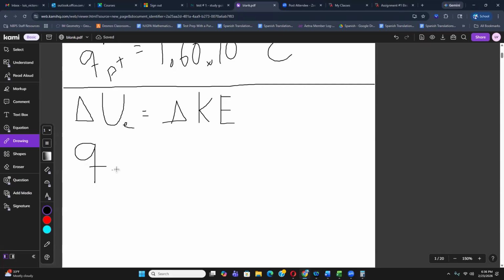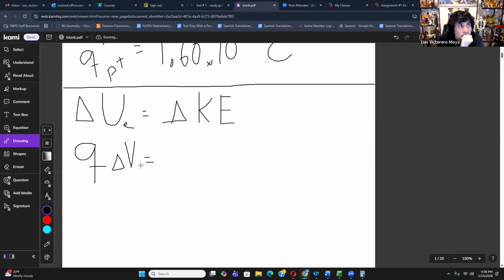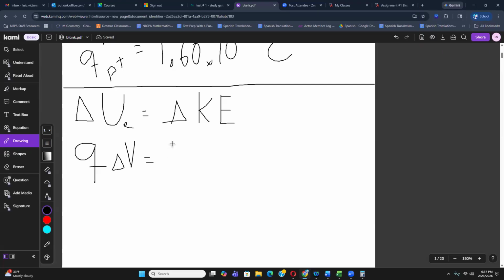Isn't delta U equal to negative kinetic energy? Technically, but basically it's like your conservation of energy that you did in mechanics. So energy lost equals energy gained. The energy lost due to the electric potential is gained as kinetic energy, so you can just take the absolute value.